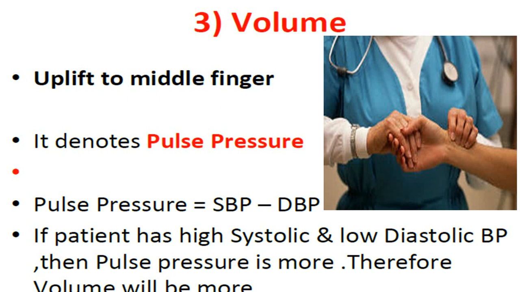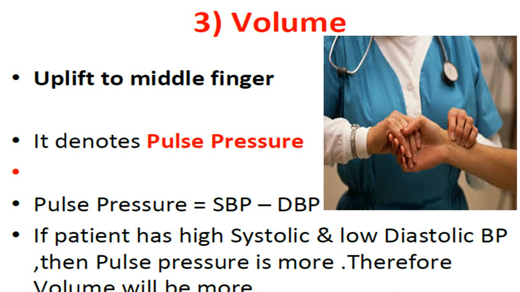A classical example is a case of aortic regurgitation. Systolic is high, diastolic is low, so pulse pressure is more, and if the pulse pressure is more, volume will be more. So classically, in aortic regurgitation, you will have a large volume pulse.